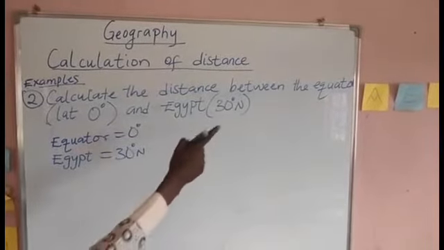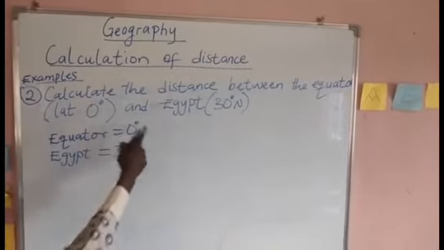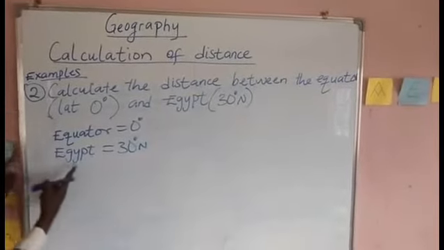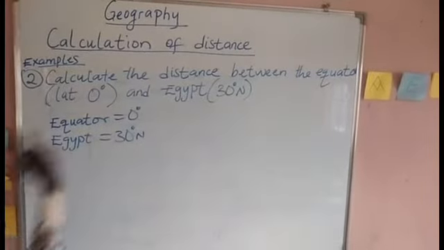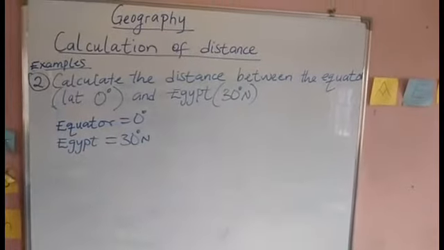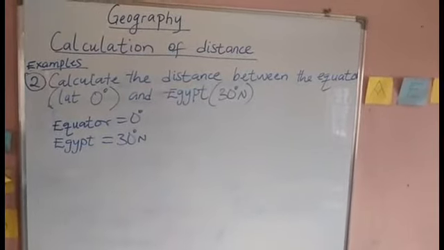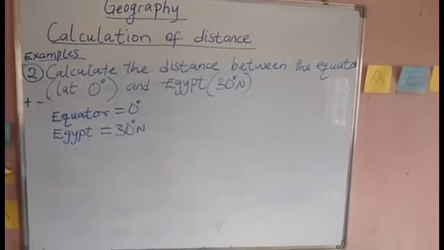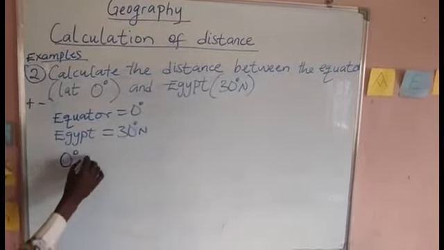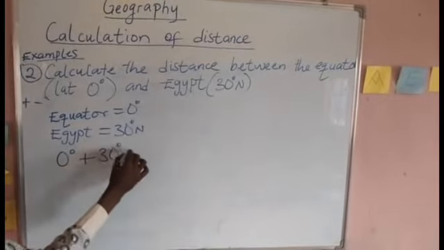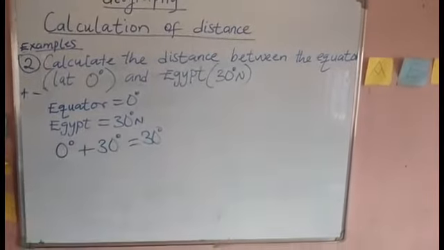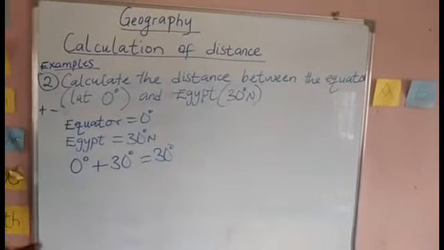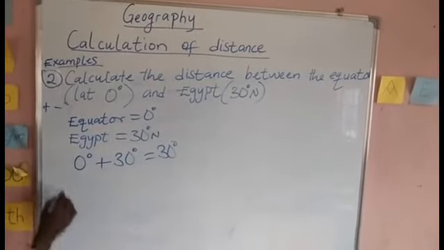Example number 2. Calculate the distance between the equator, latitude 0 degrees, and Egypt, 30 degrees north. Step number 1, locate the 2 places involved: equator 0 degrees, Egypt 30 degrees north. Step number 2, find the latitude difference. Since it involves the equator, it's either plus or minus. So 0 degrees plus 30 degrees equals 30 degrees. Step number 3, multiply the differences by 111 kilometers.